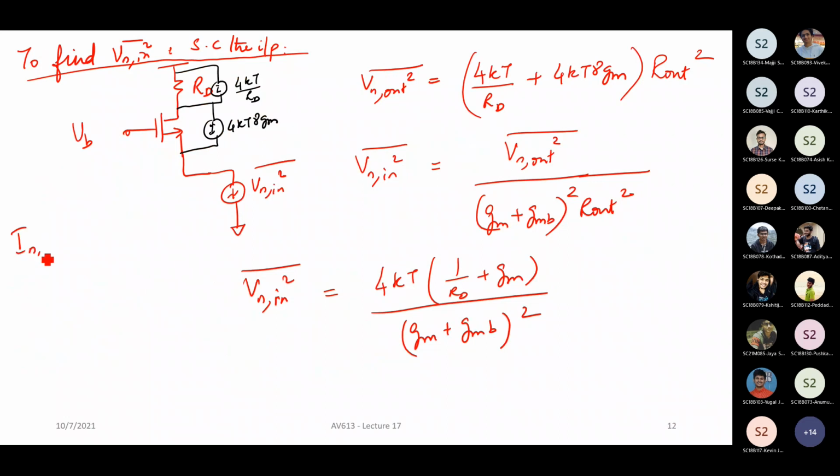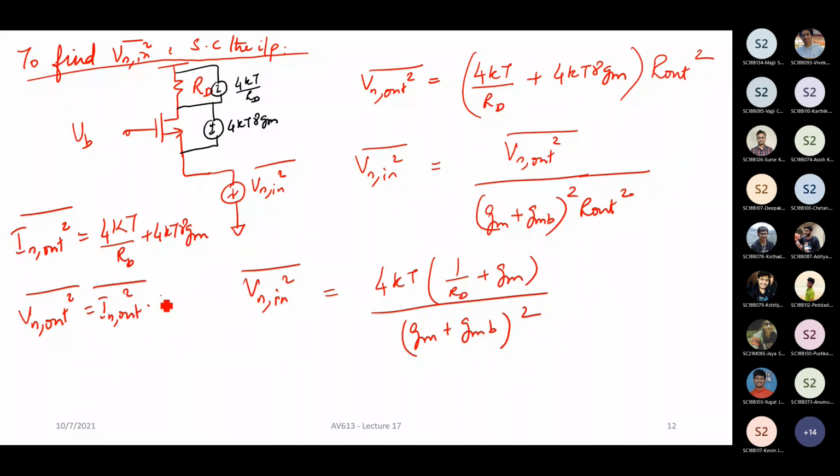So the In out squared bar will be nothing but the sum of those two currents, because In out squared bar is basically telling us the short circuit output current, which is nothing but 4kT by Rd plus 4kT gamma Gm. And Vn out squared can be written as In out squared multiplied by R out squared, which is what I have written in this equation.